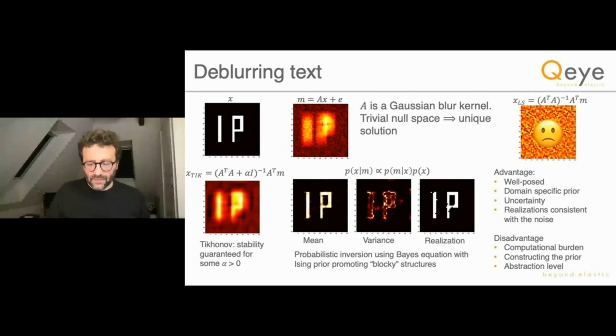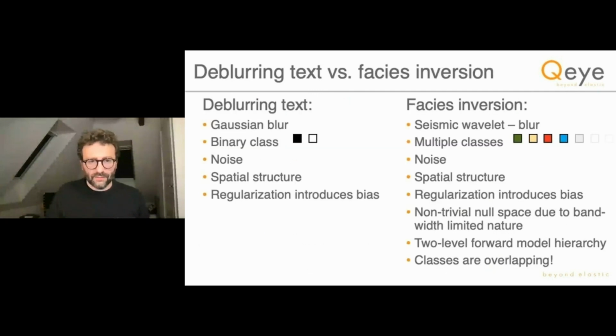So let's compare that with the facies inversion. As we can see here, there are a lot of similarities, but also some noticeable differences. The blur is different. We have multiple and not binary classes, and they are overlapping, and we have a two-model forward hierarchy, so we have the rock physics and the seismic modeling.